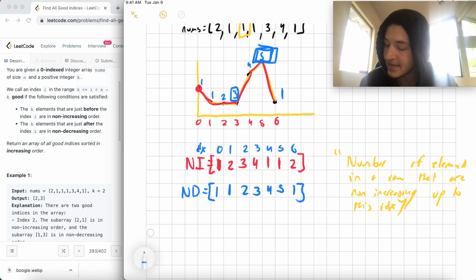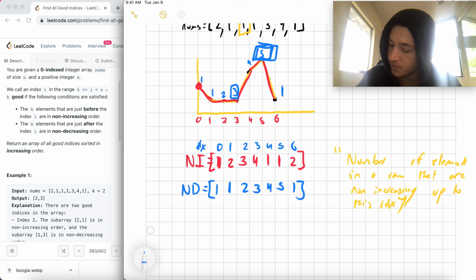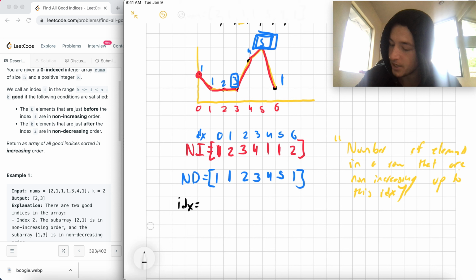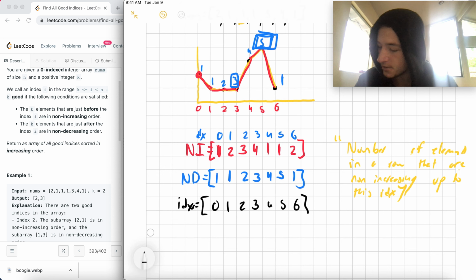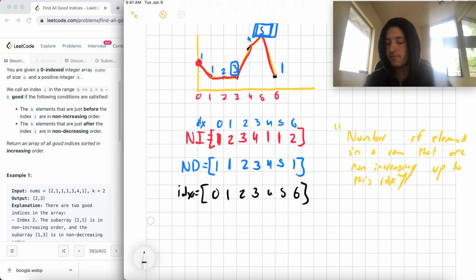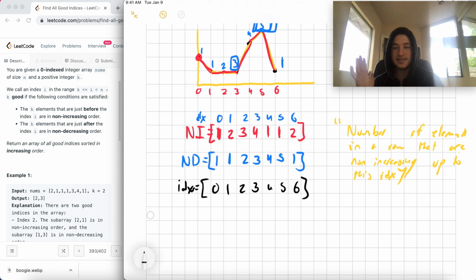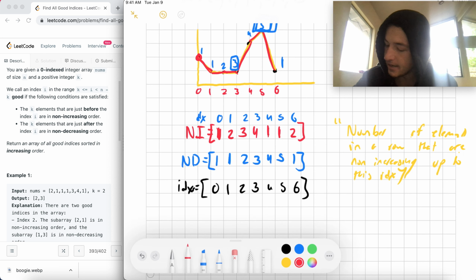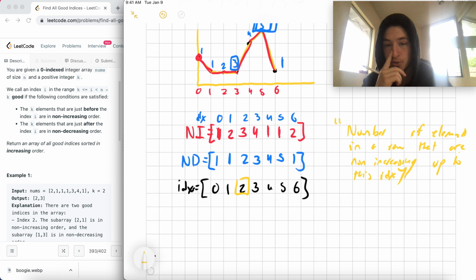So if I look at any index, using just these 2 arrays, I have my indexes, which are 0, 1, 2, 3, 4, 5, and 6, I guess. For any index that I can check as a candidate, so if I look at index equals 2, what has to be true?